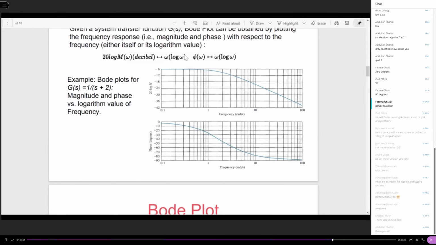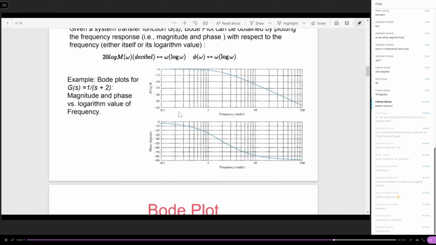This is the only advantage of using log omega. Once again, you do not change the trend, so using omega or log omega is okay. The trend is going to be the same.